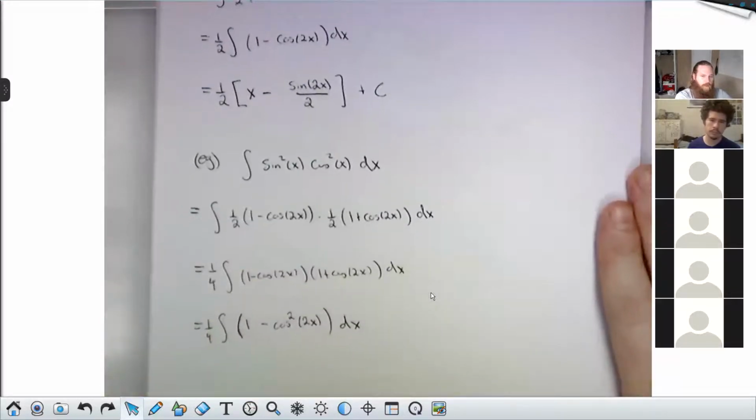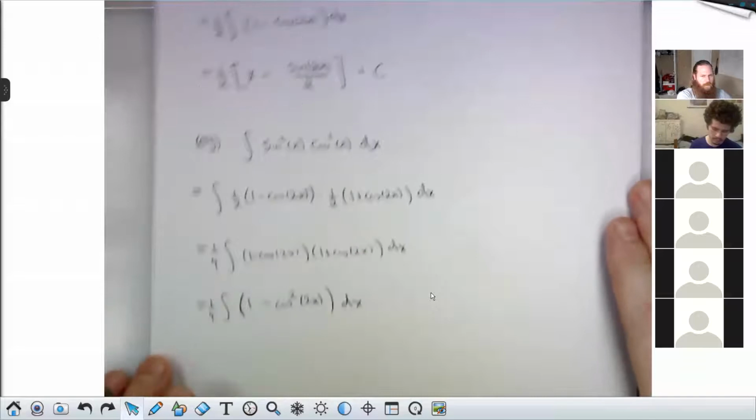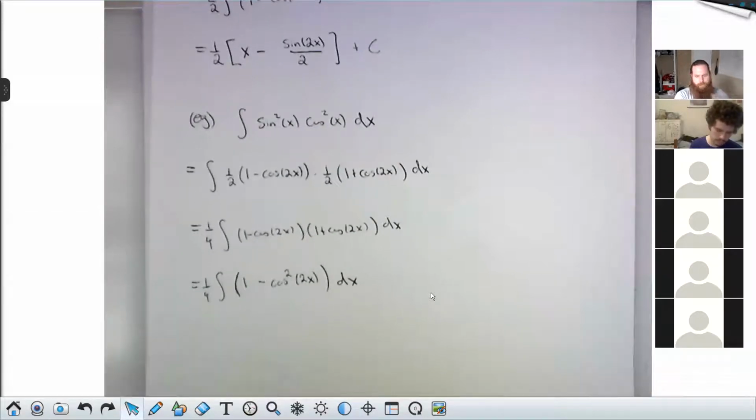Now the 1 I know how to integrate, but how do I integrate cos squared of 2x? Would you run it through its trig identity, or would you just start this process over? Yes to both, right? This process was a trig identity process, and while we have other identities we could apply, the trick to integrating cos squared of 2x is going to be to again apply a half angle identity.